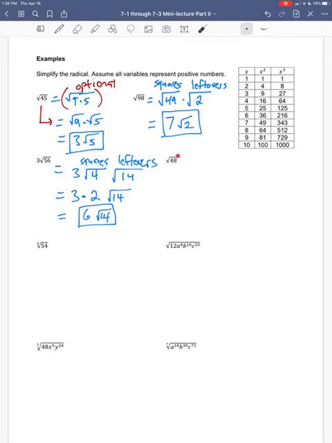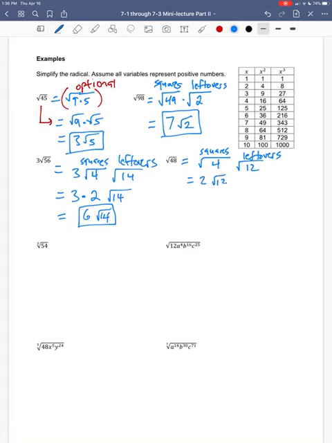For the square root of 48, you may not recognize immediately what the largest perfect square is. You might just immediately recognize that 4 goes into 48 and that 4 is a perfect square. And that's certainly okay. I'm going to have my squares and my leftovers. So I can say 4 goes into 48, 4 times 12.